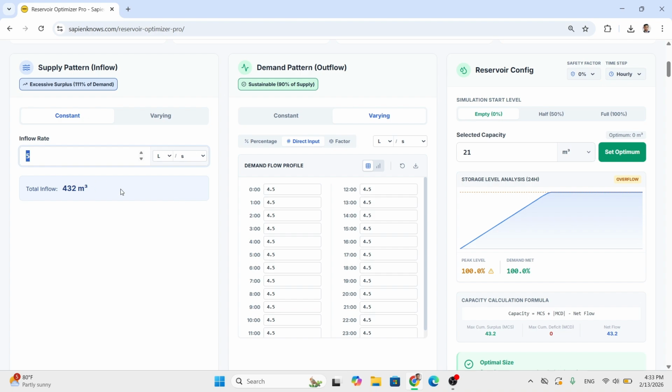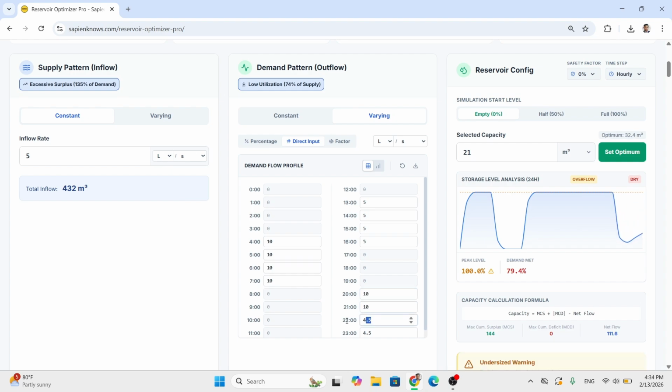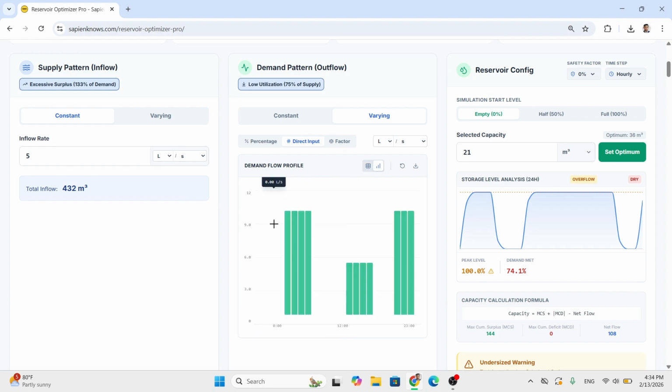So there is a constant 5 liter per second inflow, and for the demand, for example, 0 0 0 0, then we can have 10 10 10, and again 10 0 0 0 0 0, or 5 5 5 5 0 0 0, and again we can do 10 10 10. So this is the demand pattern we are doing for this example.